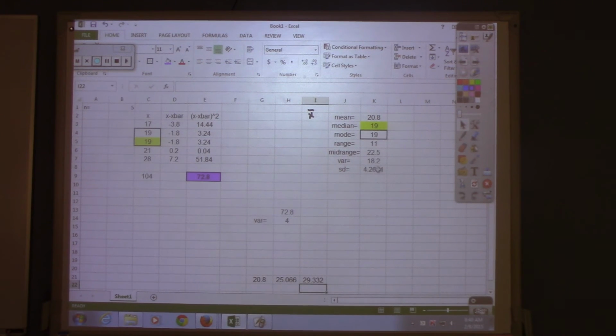Is our data tight? Well, you're talking about 4 versus 19 and 20. So is it tight? It's pretty tight. Now, if this was a mean of 20 and you had a standard deviation of 11, then your data is not tight. Or a standard deviation of 15 or a standard deviation of 9, then you're talking about sloppy data, or your numbers are all over the place. Subtract.